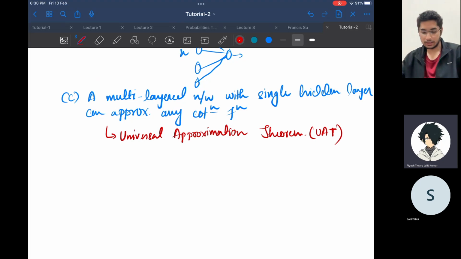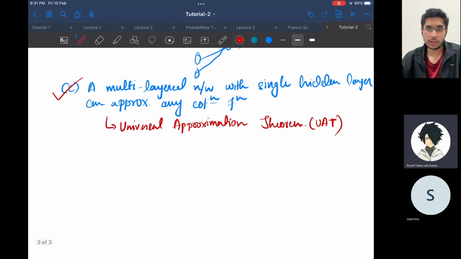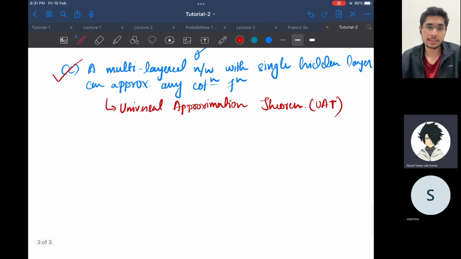UAT tells you that if you have a multi-layered network with a single hidden layer and a single neuron as output, you can approximate any continuous function, so to say. This is the correct statement. If you remember UAT, you can straight away tell what the correct statement is.